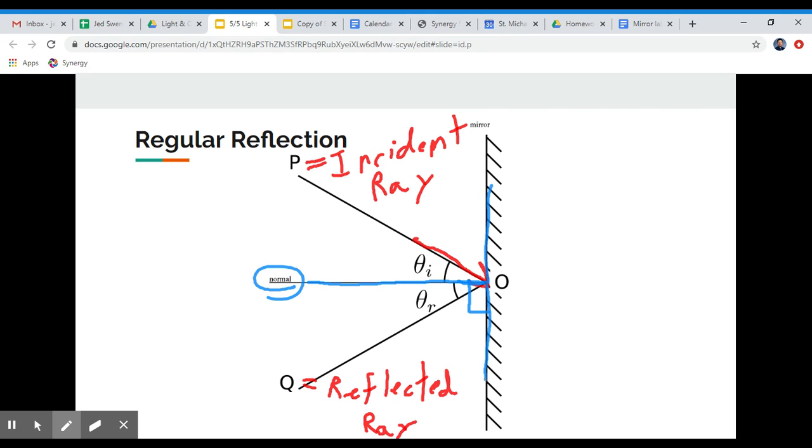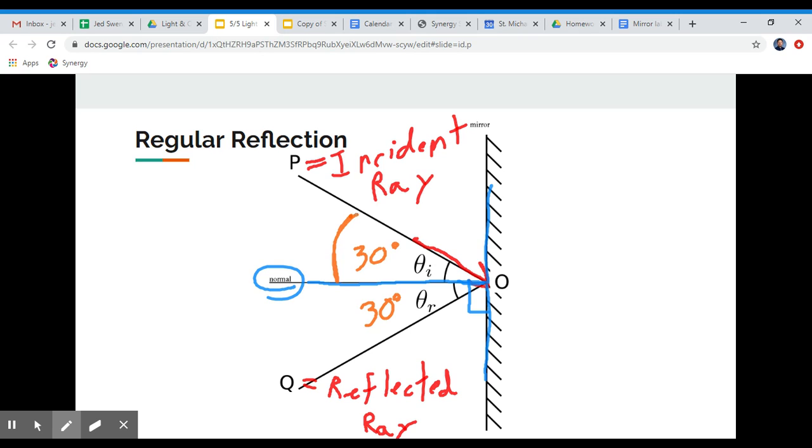And if we're saying that the incident ray or the incident angle is, we'll just call it 30 degrees, well, that means that my reflected angle is also going to be 30 degrees. And those angles we're talking about is the angle between the ray itself and the normal line.